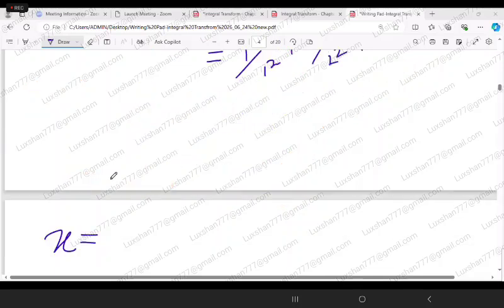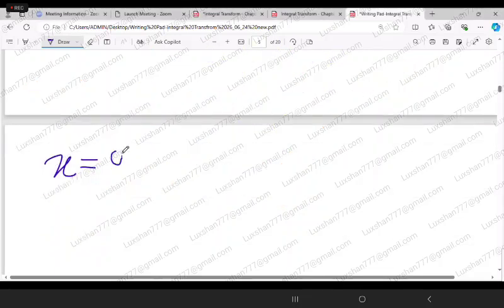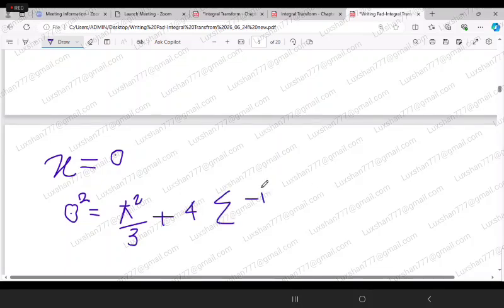So if you put x equals 0, then this side we have 0 squared, and on the other side we have pi squared by 3 plus 4 times summation of minus 1 to the power n over n squared into cos 0, which is 1.